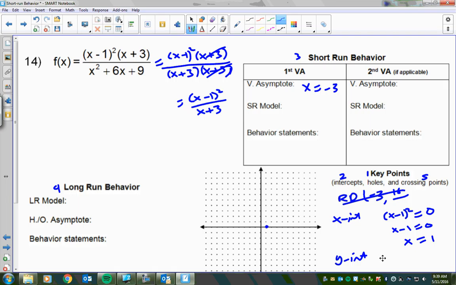Hayden? Well, you plug in 0. So what do you get from the numerator? 1. Positive 1, when you plug in 0. So yeah, positive 1 over 3. And put that on your graph.